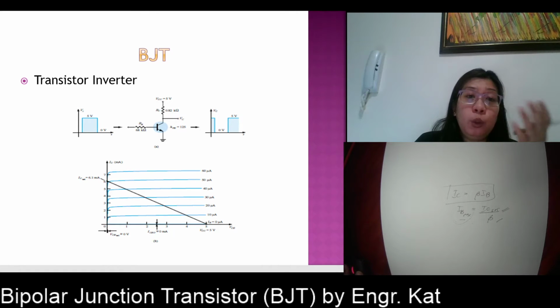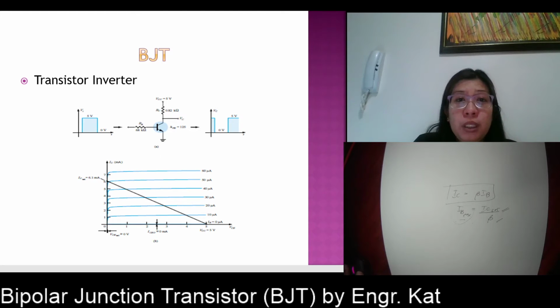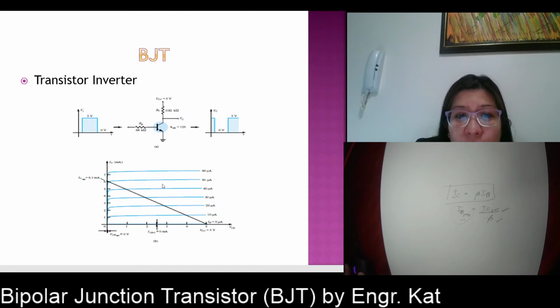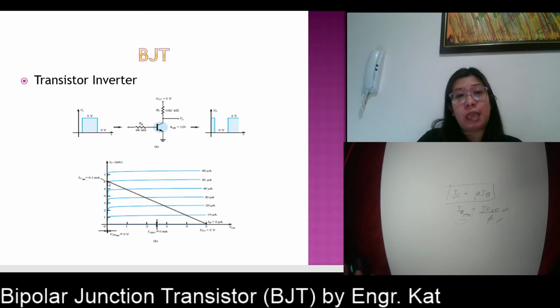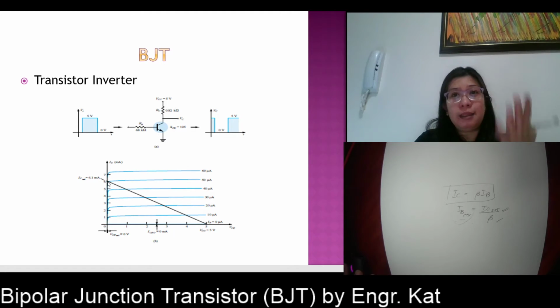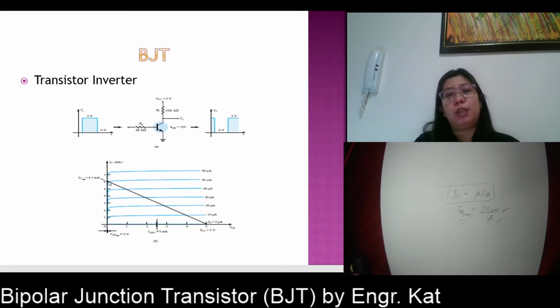But if we want to use the transistor as an inverter, we use the maximum possible IB. In that case, your IB max must be at least greater than 50 microamperes. Then your Q point will lie across your saturation point, which is an assurance that your transistor is working as an inverter.